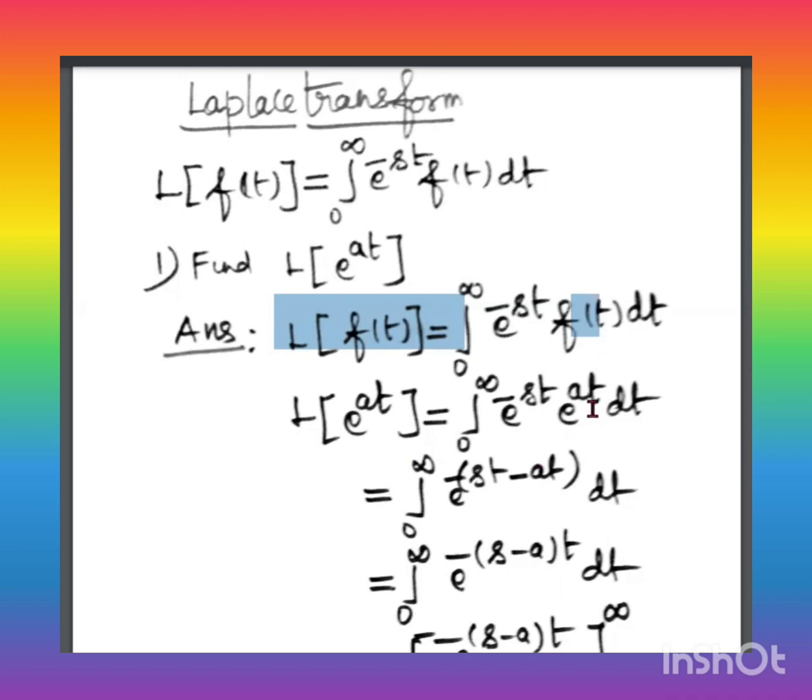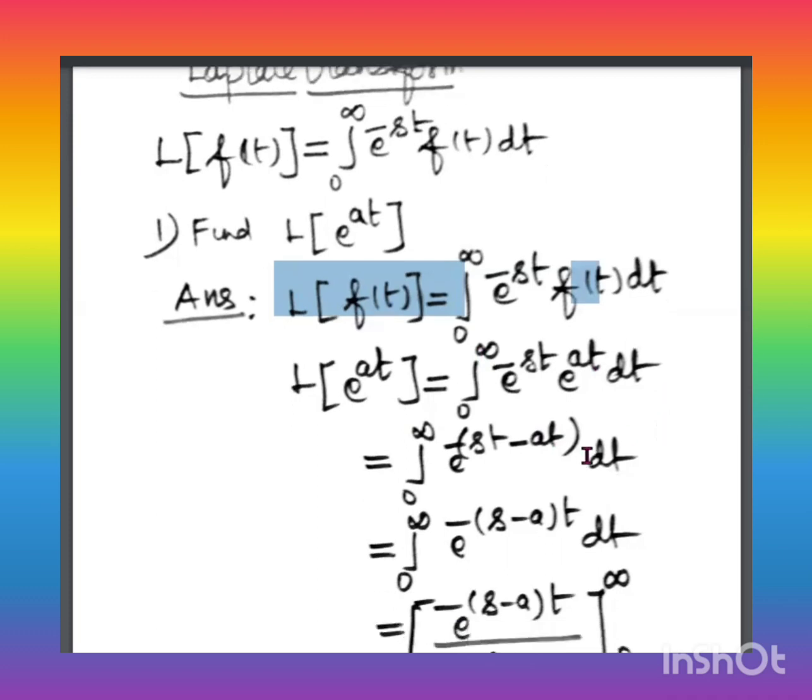So L of e power at is equal to integral 0 to infinity e power minus st e power at dt. In the next step, write integral over the limit 0 to infinity e power minus, I have taken as common, so e power minus of st minus at dt.